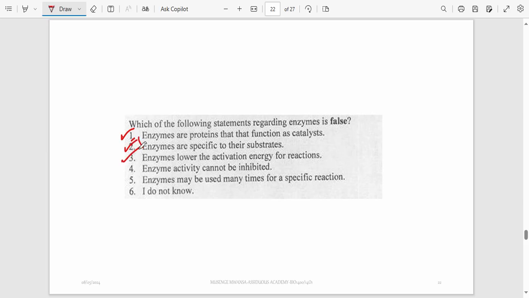How about 4? Okay, 4 is not correct. You know that enzymes can be inhibited, right? And then 5, enzymes may be used many times for the same reaction they catalyze. For a specific reaction. Yes, you can use them for a specific reaction many times as long as the substrate is there.